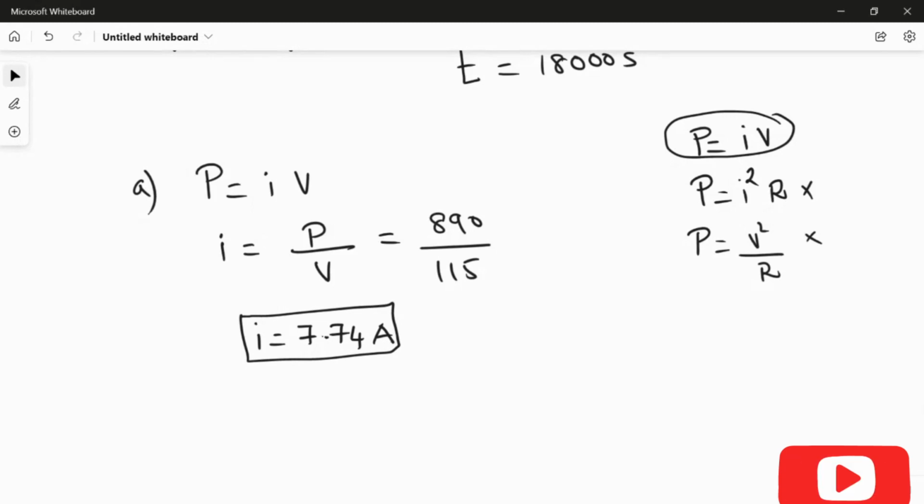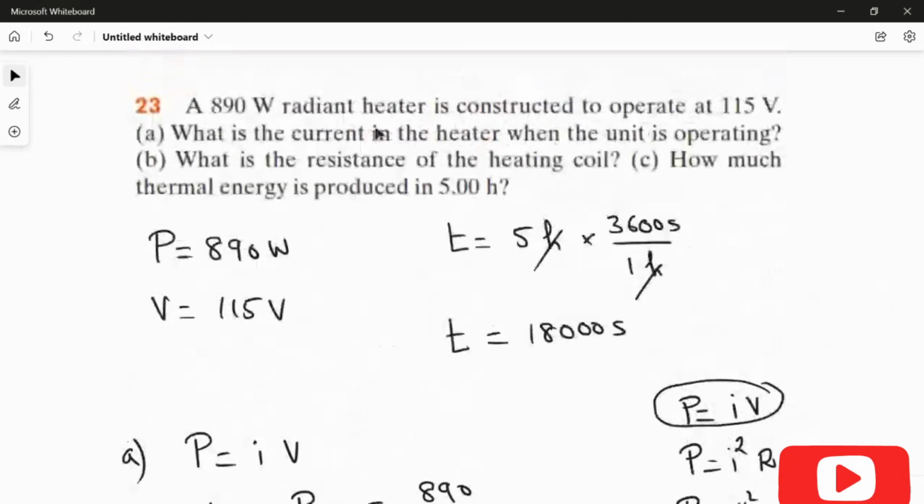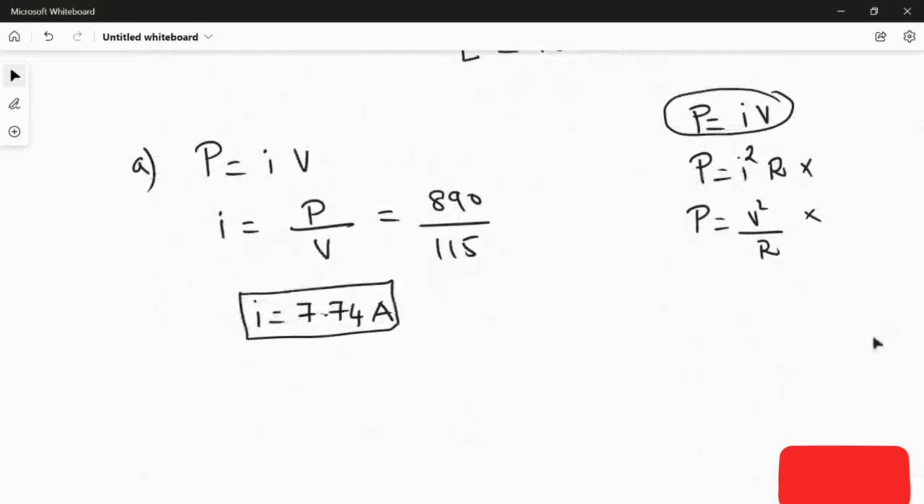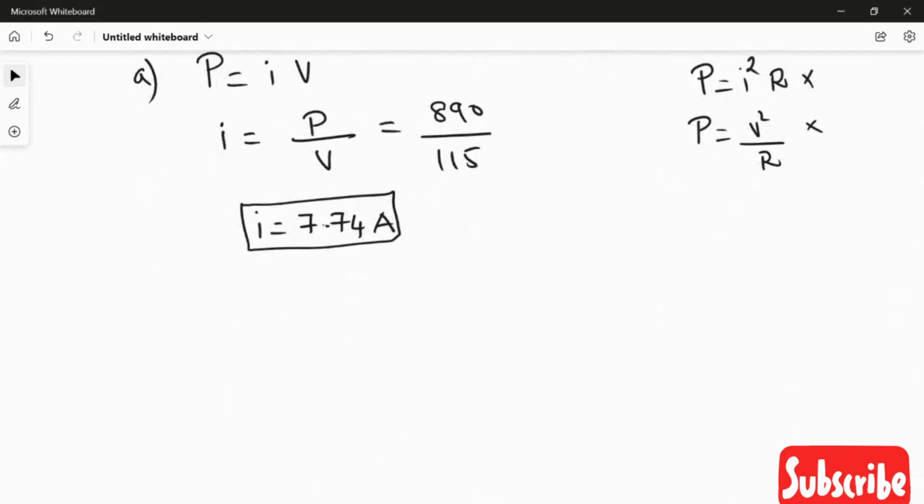In the second question, we are going to calculate the resistance, right? For calculating the resistance, I am going to use the rule V is equal to I multiplied by R. As we already studied in the theory, voltage is equal to the current multiplied by resistance. So I am going to rearrange this equation in terms of resistance. The resistance R is equal to potential V over current.